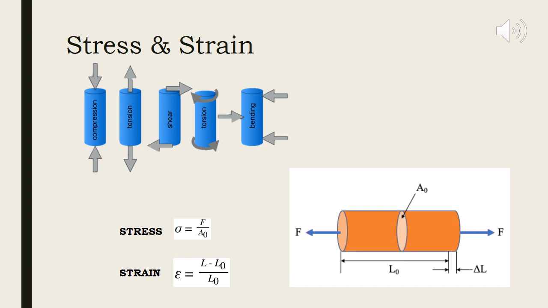Stress is the force applied to a material divided by the material's cross-sectional area, whereas strain is the deformation or displacement of the material that results from an applied stress.